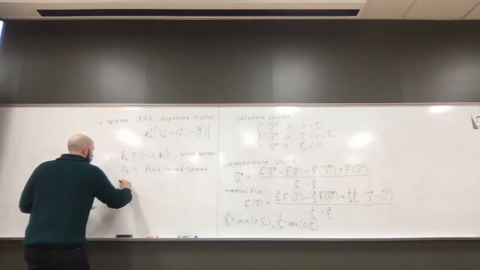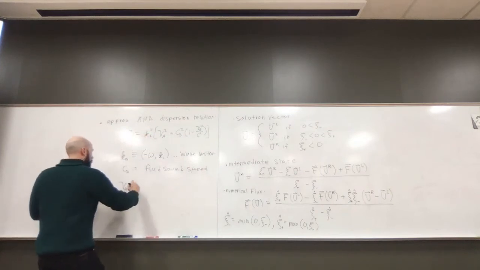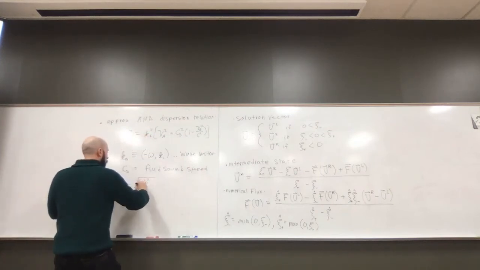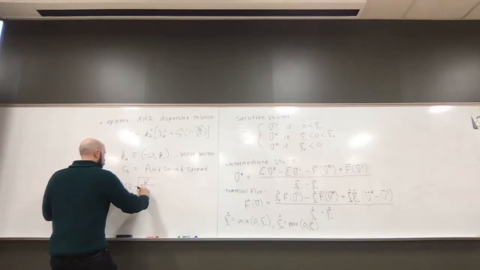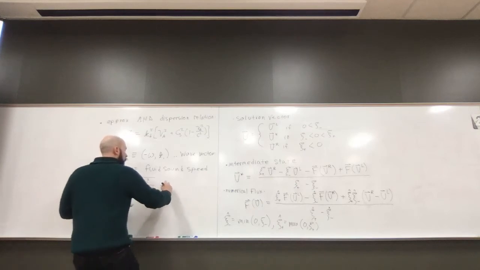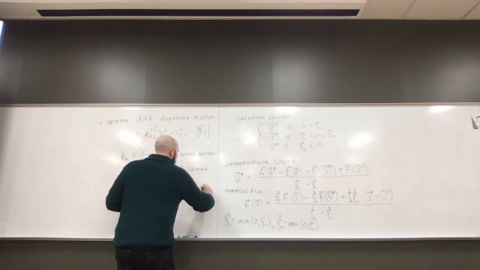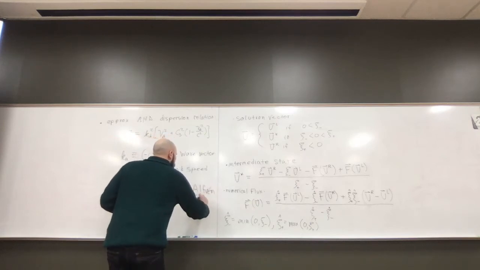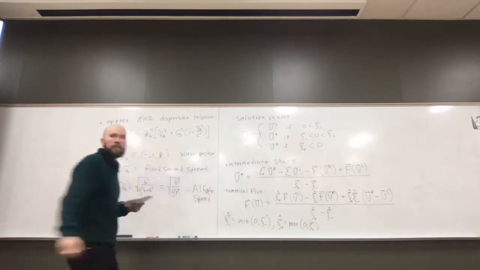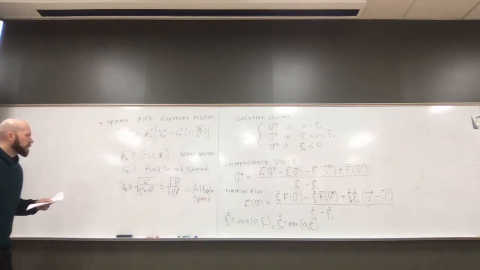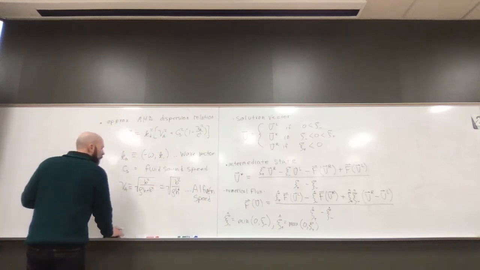And the Alfvén velocity is the square root of b squared all over rho h plus b squared, which is equal to the square root of b squared over rho h star. And that's the Alfvén speed.